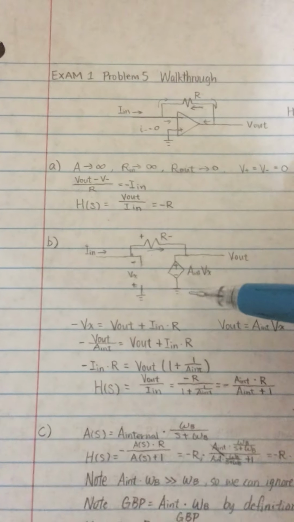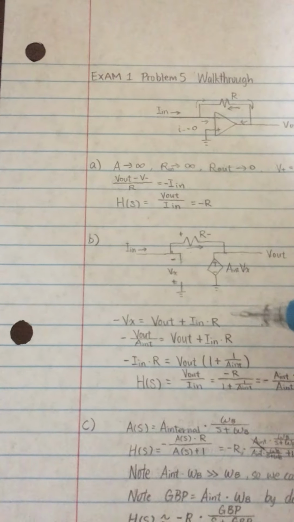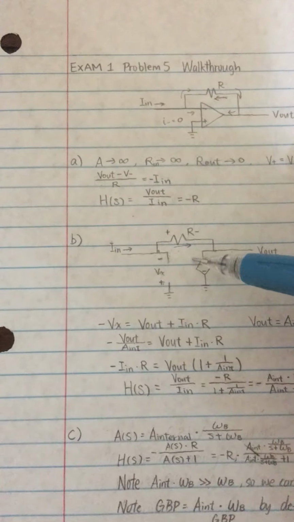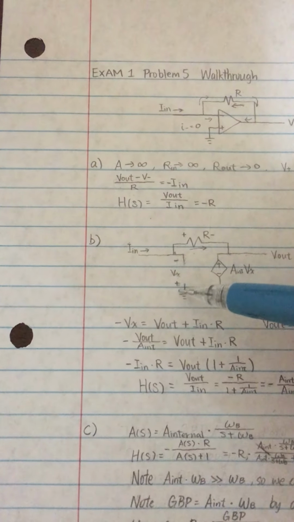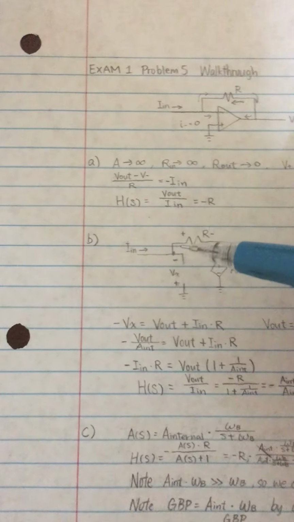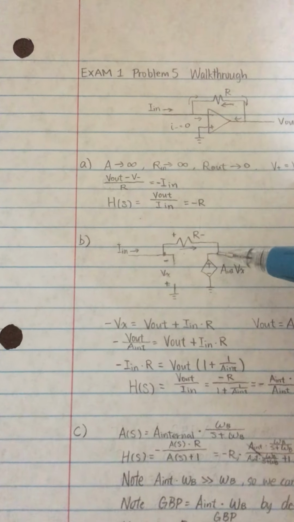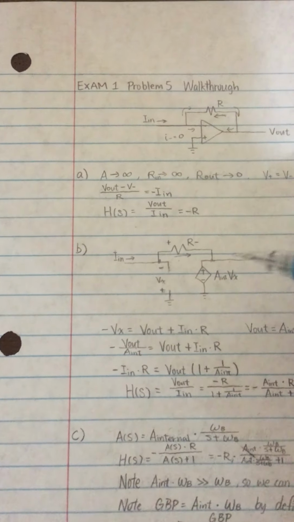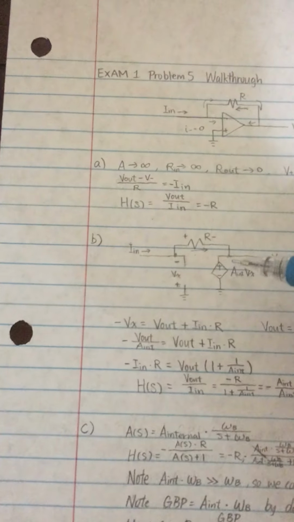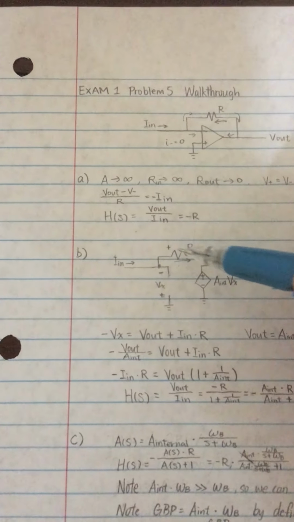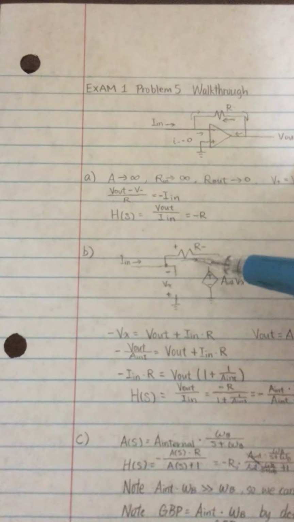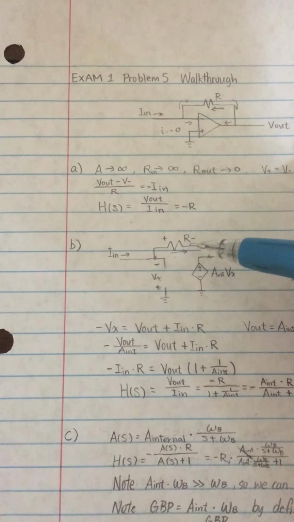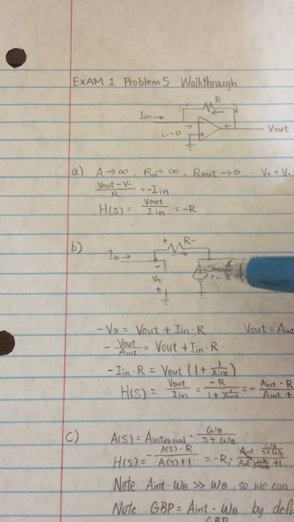So we can set up this formula by simply analyzing the circuit. Negative Vx, so the voltage here, should be equal to the voltage here plus the voltage across here. So negative Vx equals V out plus I in times R. It is plus I in times R because I in goes to here, then travels here, and finally here.